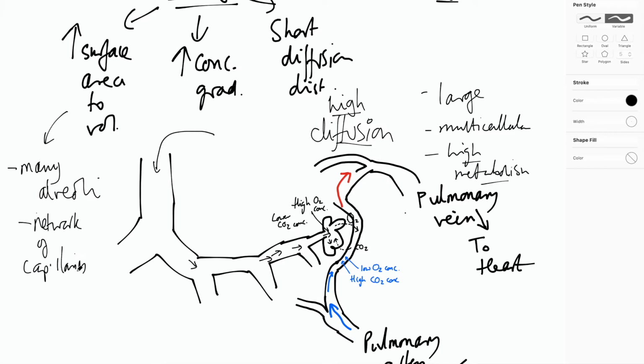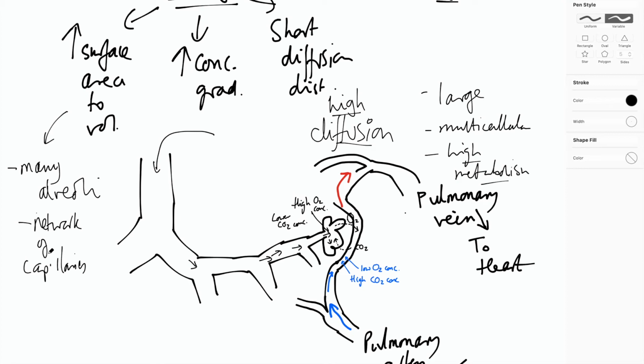Collectively, if you add up the surface area, because the capillaries are small but there are loads of them, they have a high surface area. So you've got two surfaces which have a high surface area exchanging.